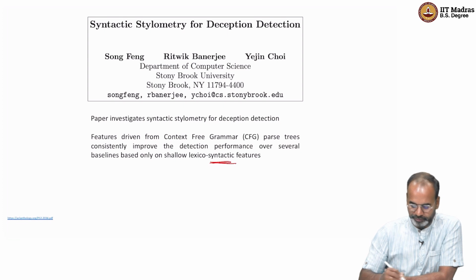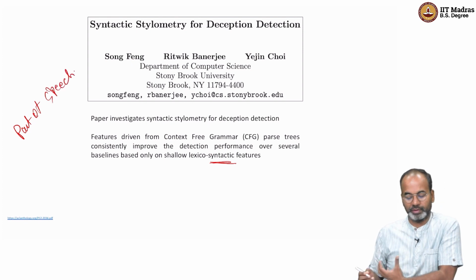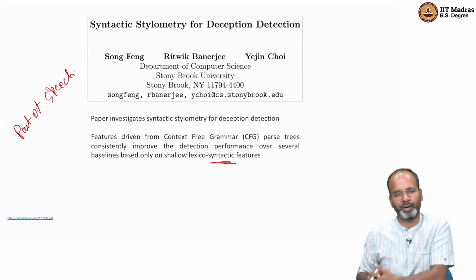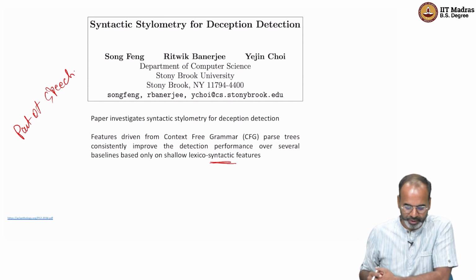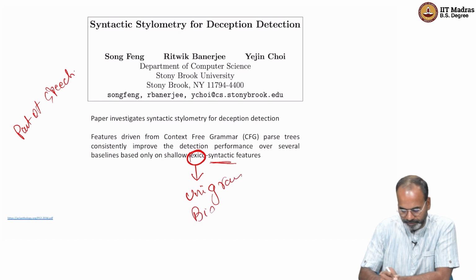So it uses the syntax of parts of speech. Parts of speech is one of the syntactic features that you can generate from the content given to you. And then lexical features are your unigrams and bigrams of all of the text.